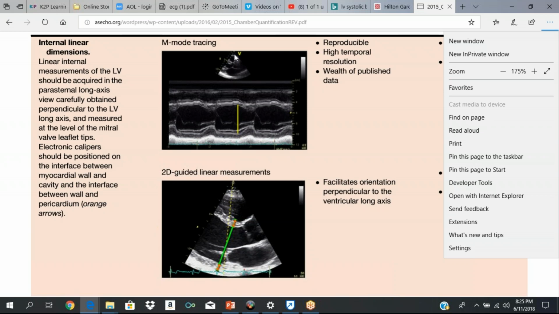It passes through the chest wall, the RV wall, RV cavity, the ventricular septum, the LV cavity, the posterior wall, and the pericardium. So your two-dimensional echo is on top, the M mode is below, and the M mode shows you the same structures that are in your two-dimensional echo on top.